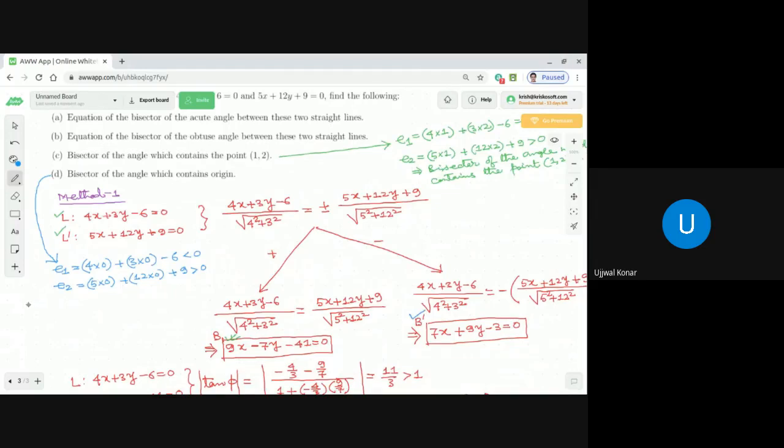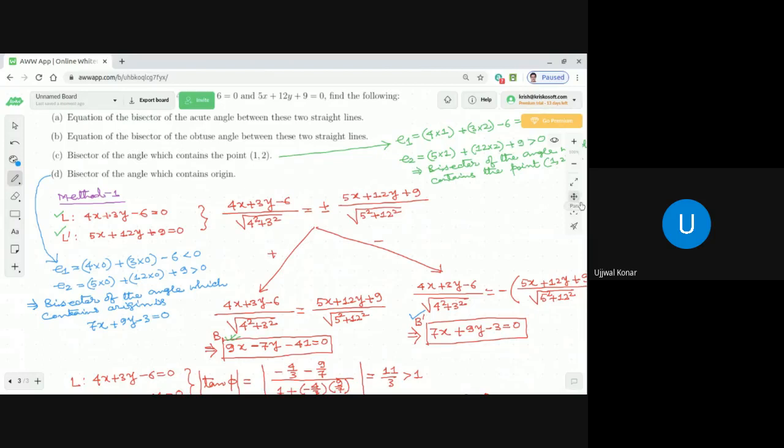So from here what we can say is that the bisector of the angle which contains the origin is 7x plus 9y minus 3 is equal to 0.